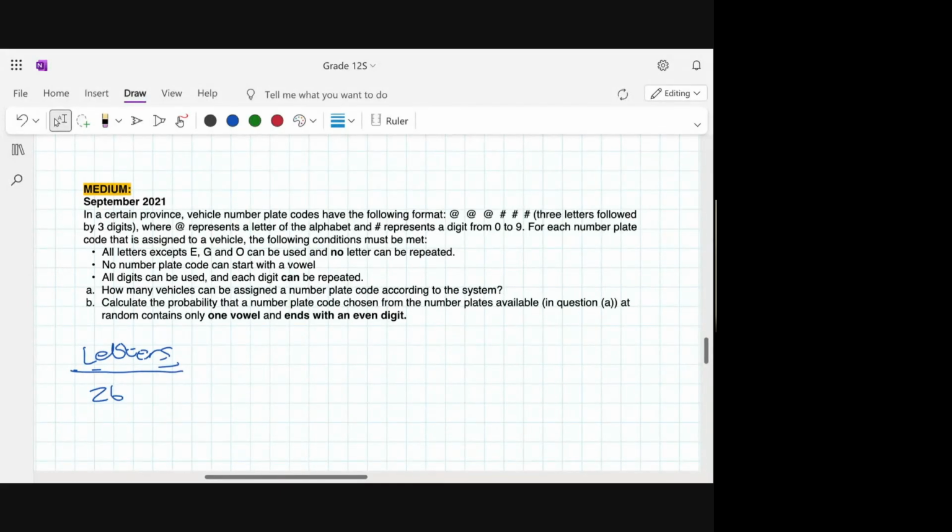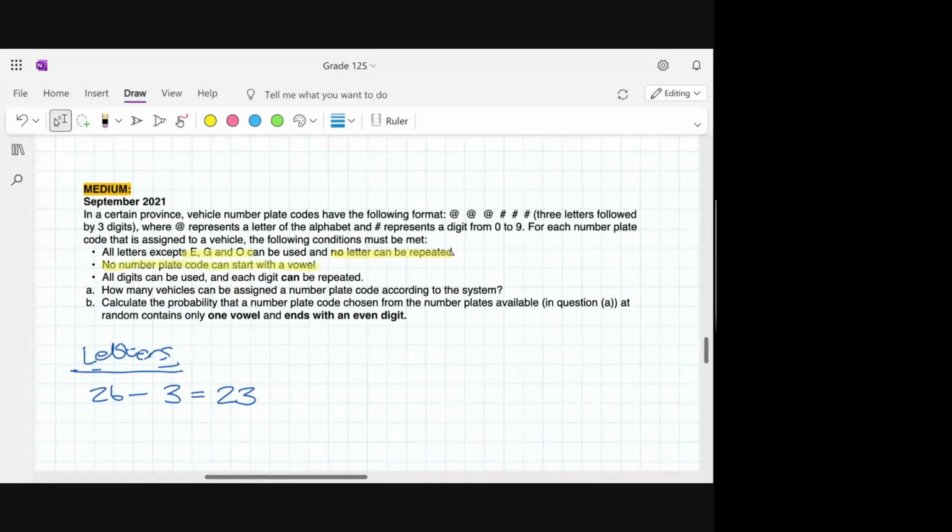You cannot use the letters E, G, and O. So 26 minus 3 gives me 23. And then it says, no letter can be repeated. It also says no number plate code can start with a vowel.